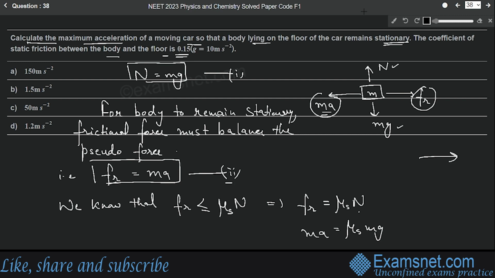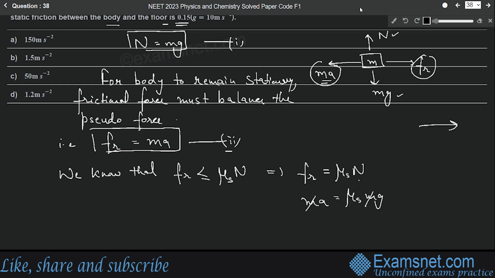Now m is on both sides, so we can find the value of a is equal to mu s into g, that is the coefficient of static friction into the acceleration due to gravity g. If we put the value, mu s is equal to 0.15 and g is equal to 10, on solving this we'll get 1.5, and the unit for acceleration will be meter per second square. So the correct answer will be option number B, 1.5 meter per second square.